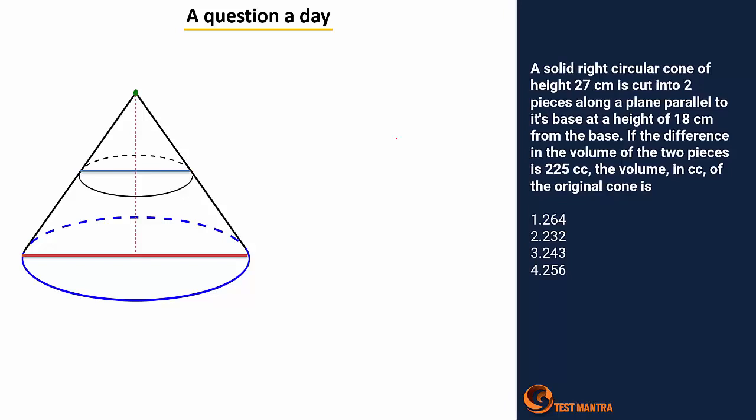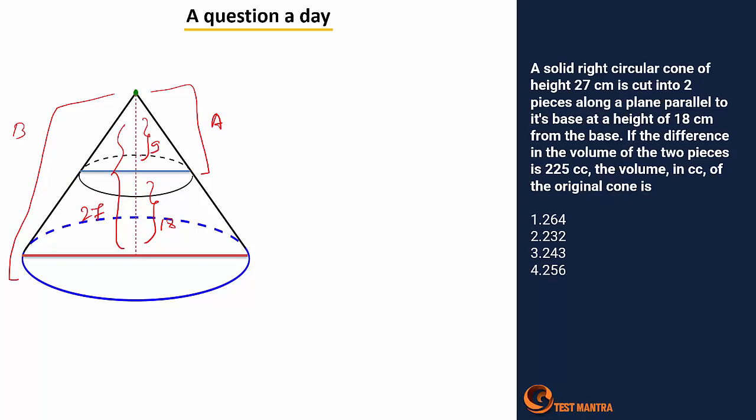Further, now you can identify that let's consider this part as cone A for the time being, and this complete one as cone B, with the heights of these, as this complete height given is nothing but 27, and since this part is 18, this part is supposed to be nothing but 9.